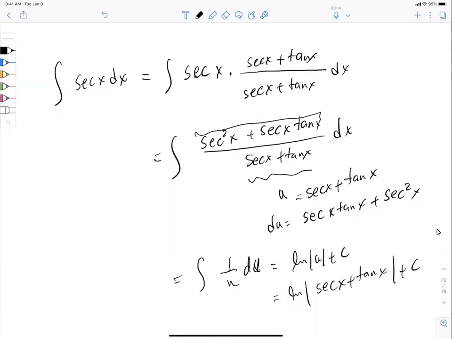So the integral of secant is the natural log of the absolute value of secant plus tangent. So we now know how to integrate tangent and how to integrate secant. Now we need to look at the powers of each of those separately, and then the combination of the two.